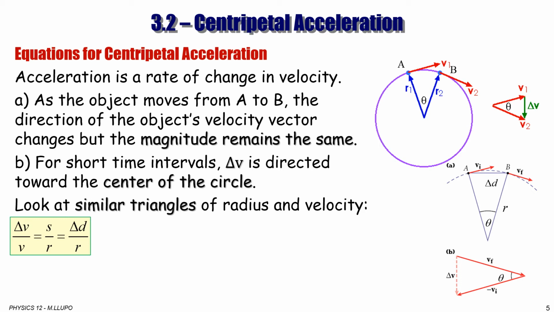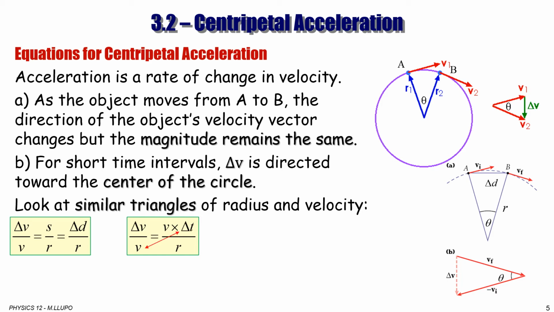But that delta D is equal to speed times time. So the distance is equal to speed times time. That means we can replace that delta D here with V times delta T. Now take a look.